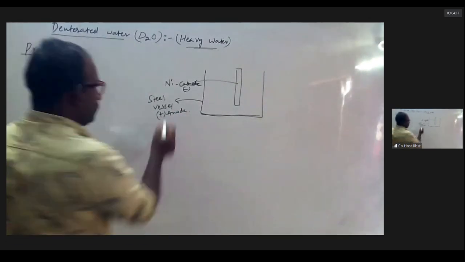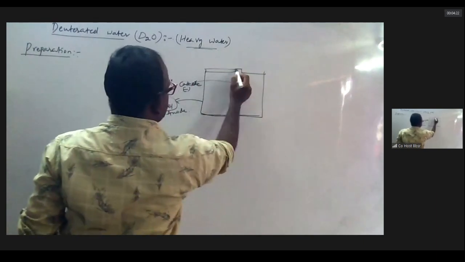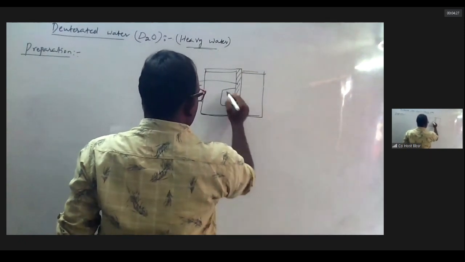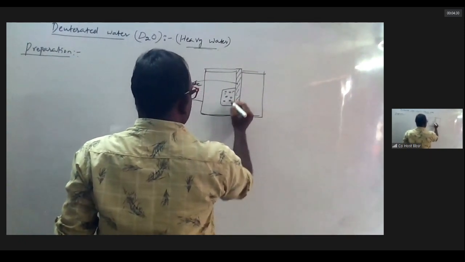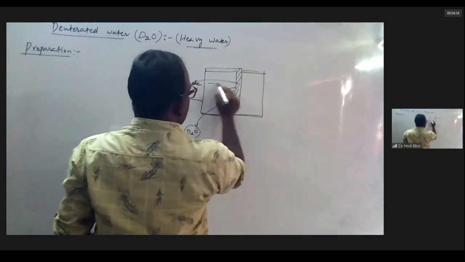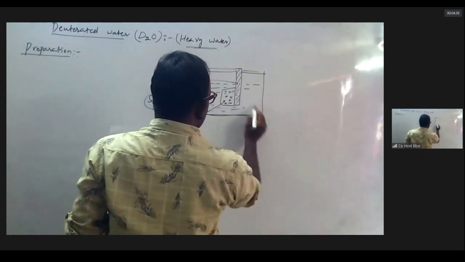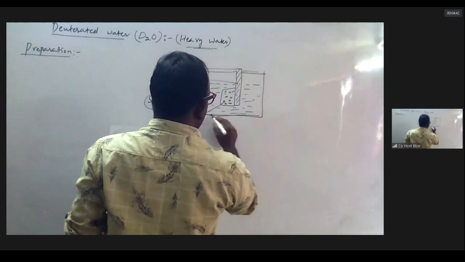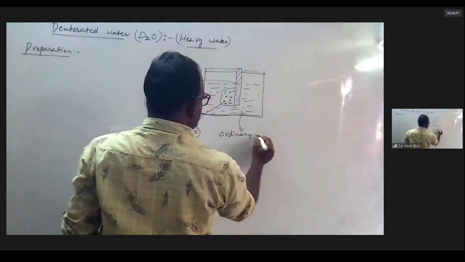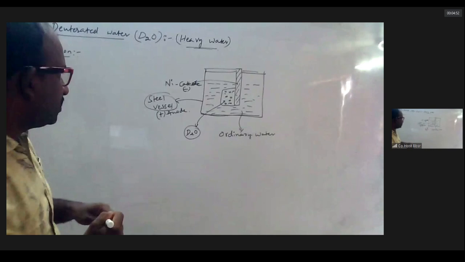This steel vessel itself acts as anode. Deuterium oxide, D2O. This is ordinary water. Okay.